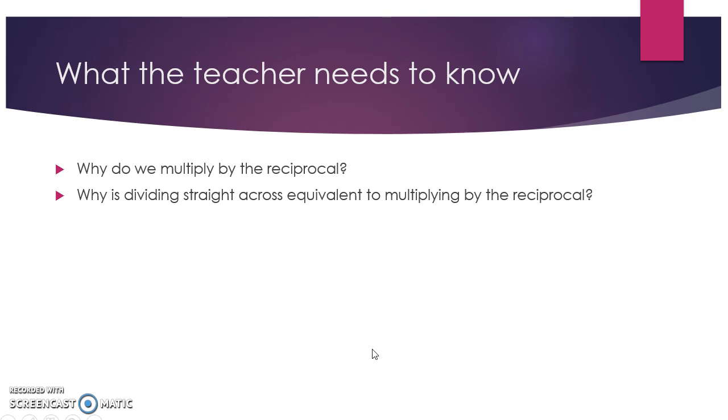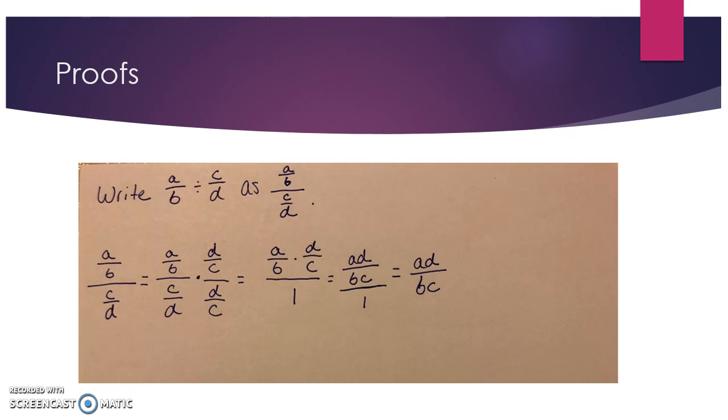So the first thing we want to know is, why does multiplying by the reciprocal work? I did this short proof here. I rewrote a over b divided by c over d as a over b all over c over d. The first thing you want to do is get rid of that fraction on the bottom.